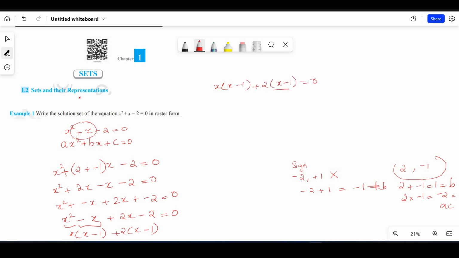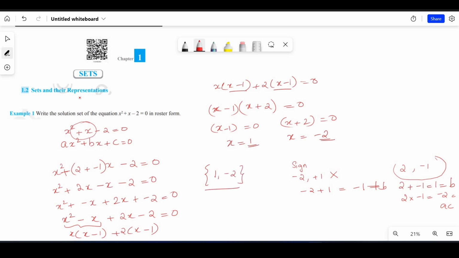Now let's take x minus 1 as the common factor. It becomes x plus 2 equal to 0. Let's equate both of these: x minus 1 equal to 0 and x plus 2 equal to 0. So we get x equal to 1 from here and x equal to negative 2 from here. So the two values, or the solution for x, are 1 and negative 2.